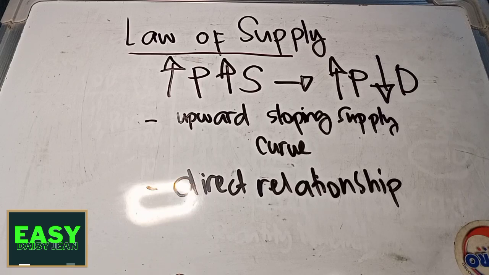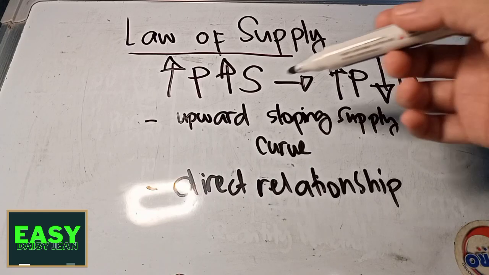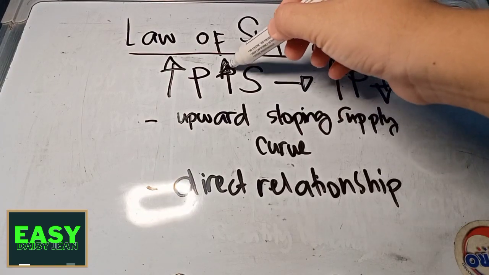When we go back to our discussion on the law of demand, there is a downward slope and a negative relationship between demand and price. But now, in supply, it has an upward sloping supply curve and a direct relationship, because both of them are increasing.